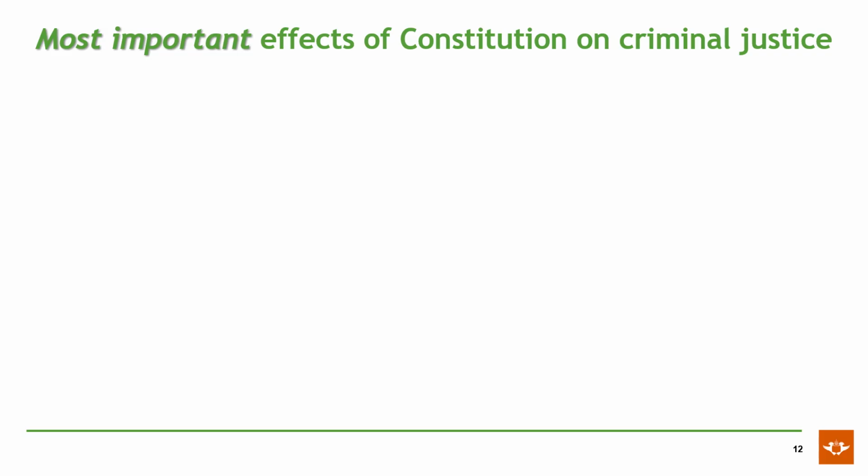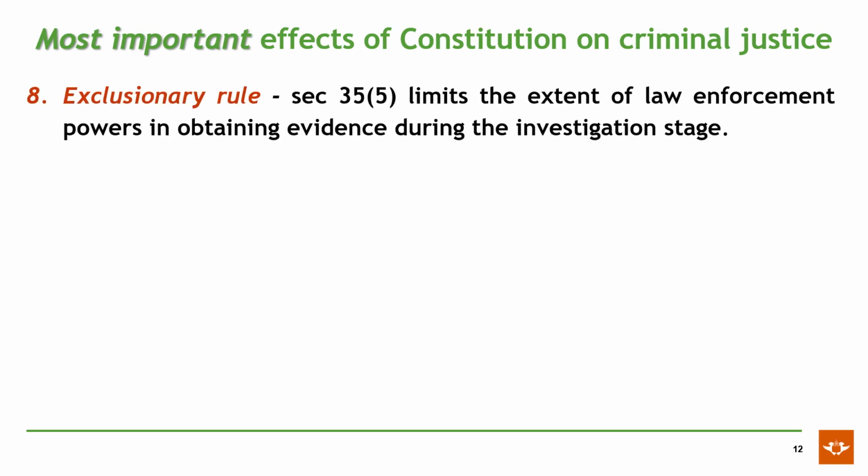Finally, and very closely related to this question regarding the justifiability of the exercise of state power, is Section 35(5) of the Constitution, known as the exclusionary rule. When we looked at Section 36 earlier, we said that it allows for the infringement or limitation of rights by way of the exercise of state power under certain circumstances.